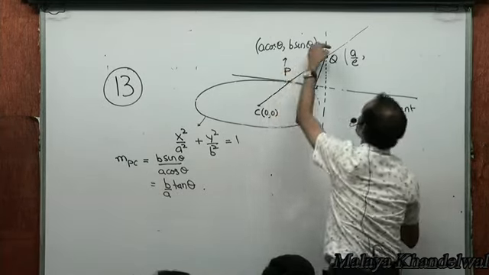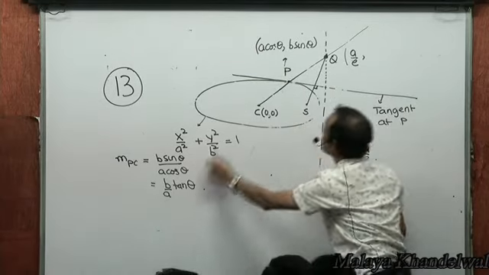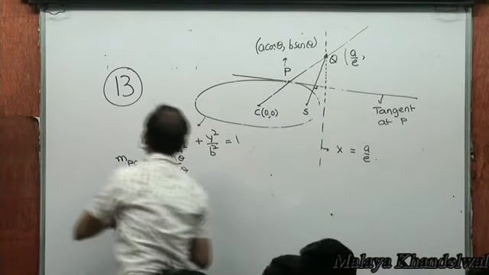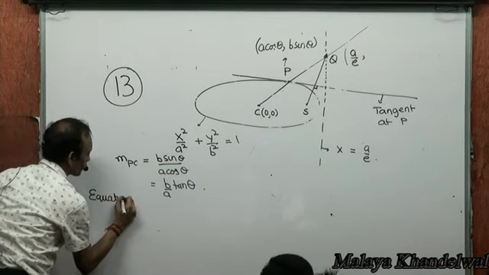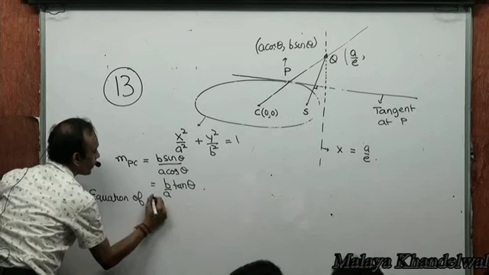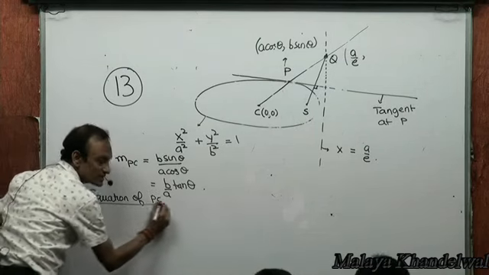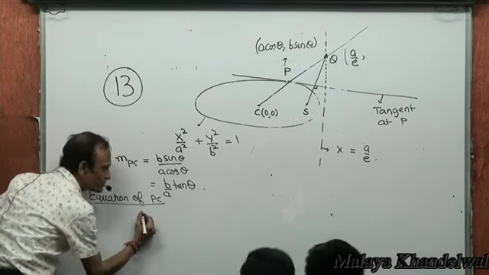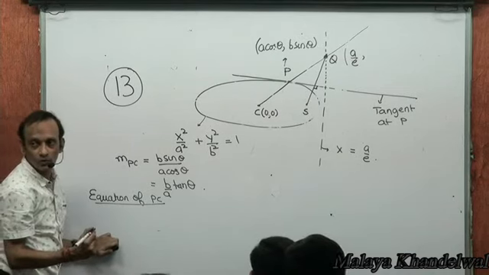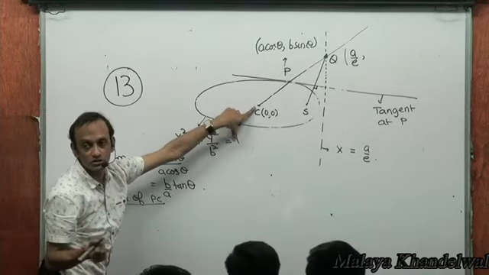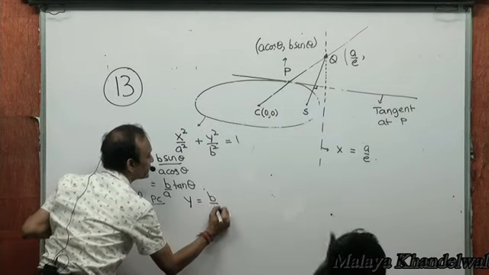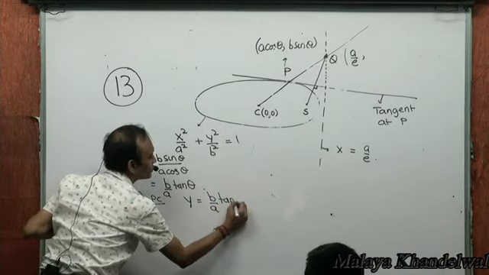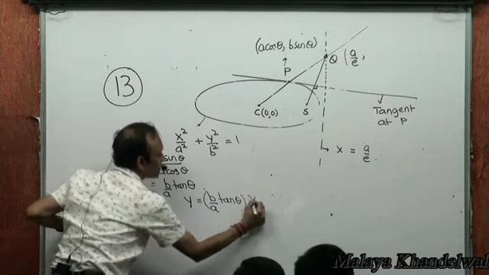Now this is a line passing through the origin with this slope. So the equation of PC: y equal to mx, a line passing through the origin. So y equal to mx is y equal to b by a tan theta into x.